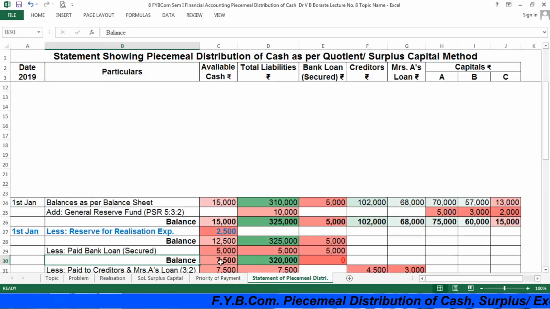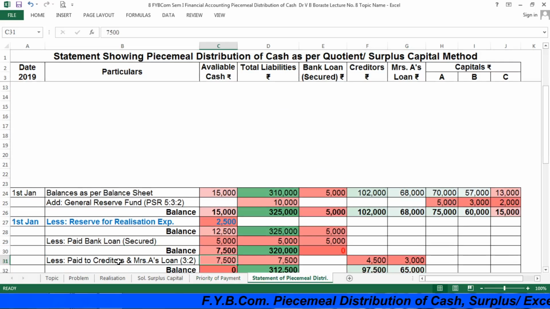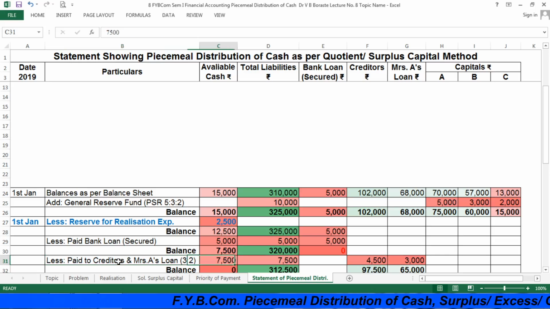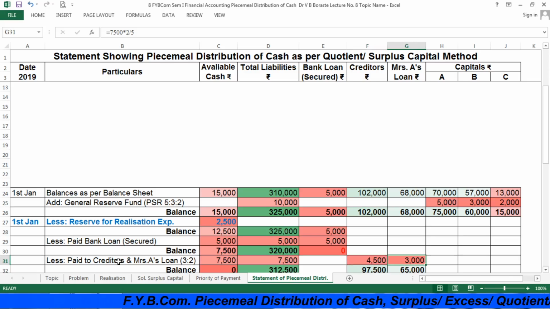So here we have 7,500 and we have to pay Mrs. A's loan and creditors as per their liability ratio, that is 3:2. So cash is reduced by 7,500, total liability is reduced by 7,500, and creditors will get 4,500 and Mrs. A's loan will get 3,000.